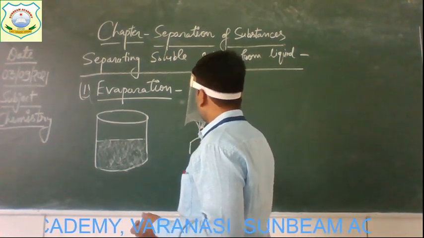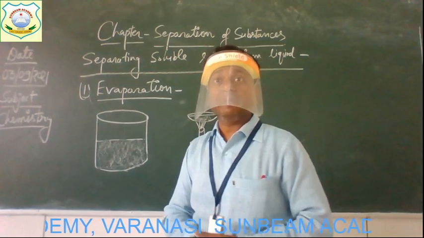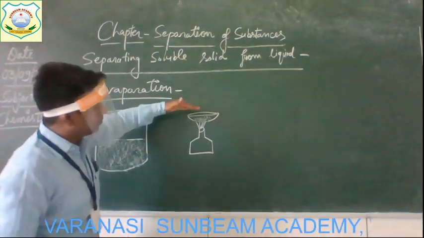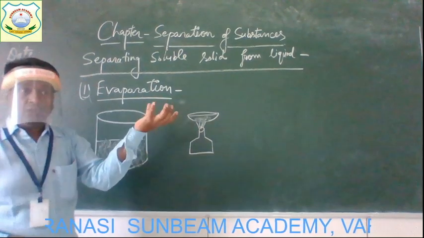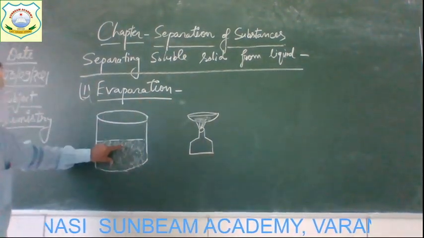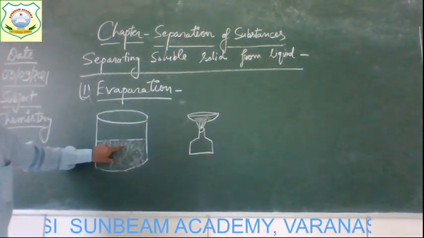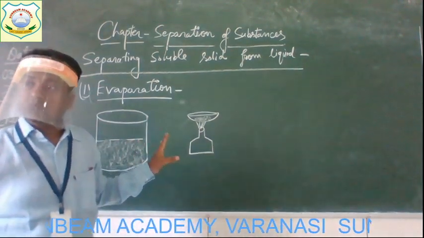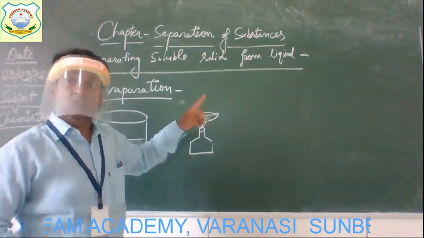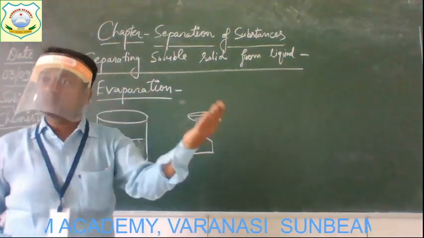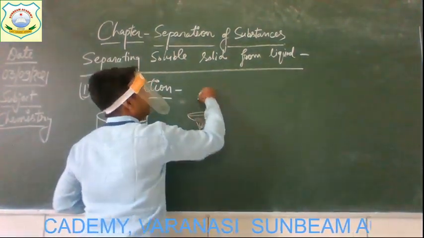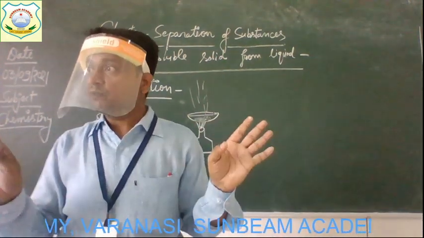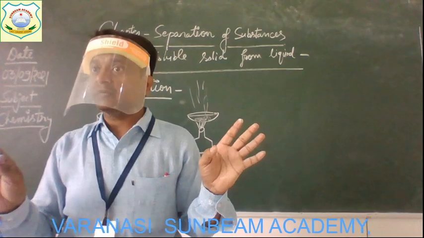In the lab we have the spirit lamp burner. On the burner we will place our bowl in which we have taken a few spoons of this mixture of water and salt. Now heat it. While heating, you will observe the water vaporizing; vapors will form.